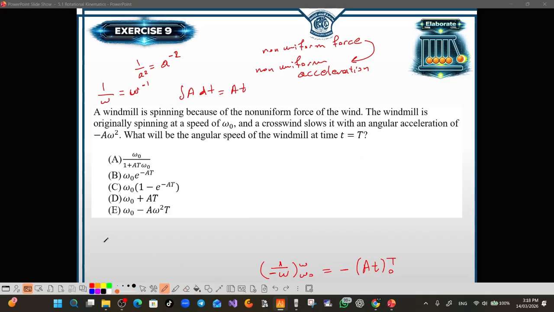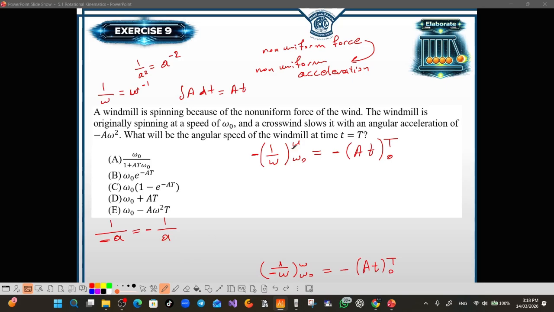Now, if we have minus in the denominator, we can simply write it next to the fraction. So we remove it from the denominator and place it next to the fraction. So I can write minus 1 over omega, omega 0, equals minus a t, 0 to t. Now also the minus can be placed outside. So I will place the minus outside, away from the parentheses.